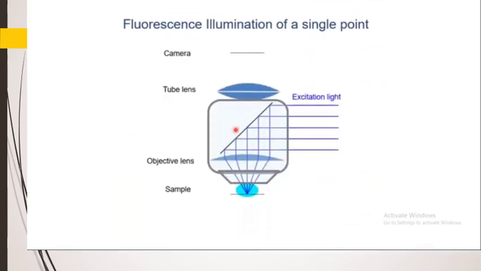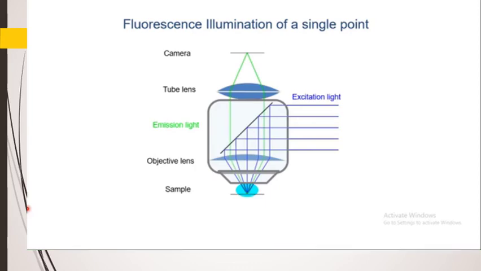Now, here is a fluorescence microscopy diagram. So we give an excitation light, and let's say our sample has FITC or GFP, anything. So we are sort of exciting it with a 488 wavelength light, and we are collecting the emission in a camera.